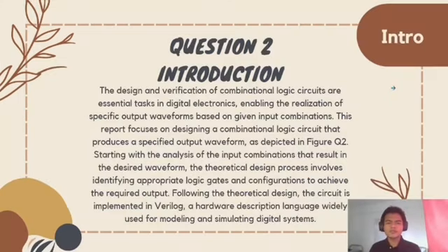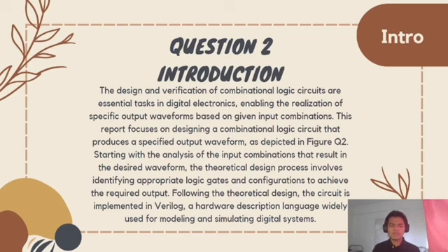Introduction for question 2. The design and verification of combinational logic circuits are essential steps in digital electronics, enabling the realization of specific output waveforms based on given input combinations. This report focuses on designing a combinational logic circuit that produces a specific output waveform, as depicted in figure Q2.